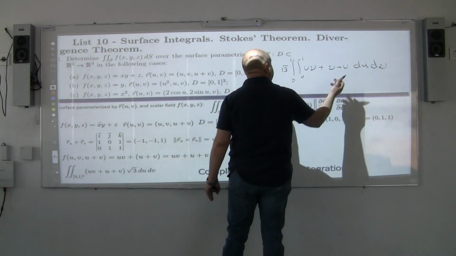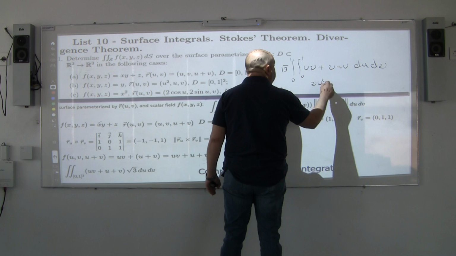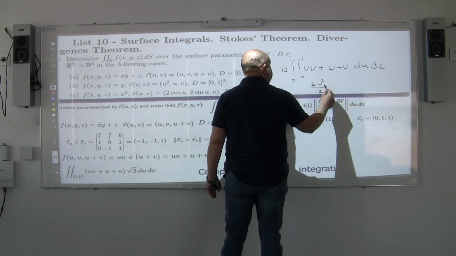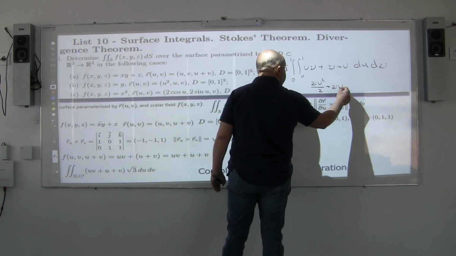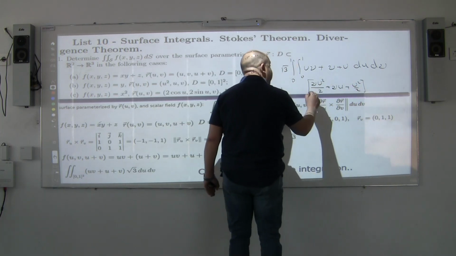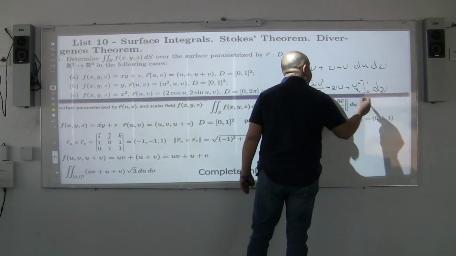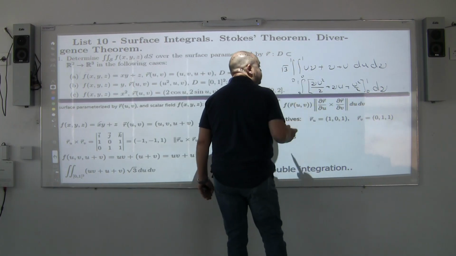So integrating with respect to u, it's going to be v times u squared over 2, then v times u, plus u squared over 2. Then I will make the substitution from 0 up to 1. Then I will integrate with respect to dv from 0 to 1.